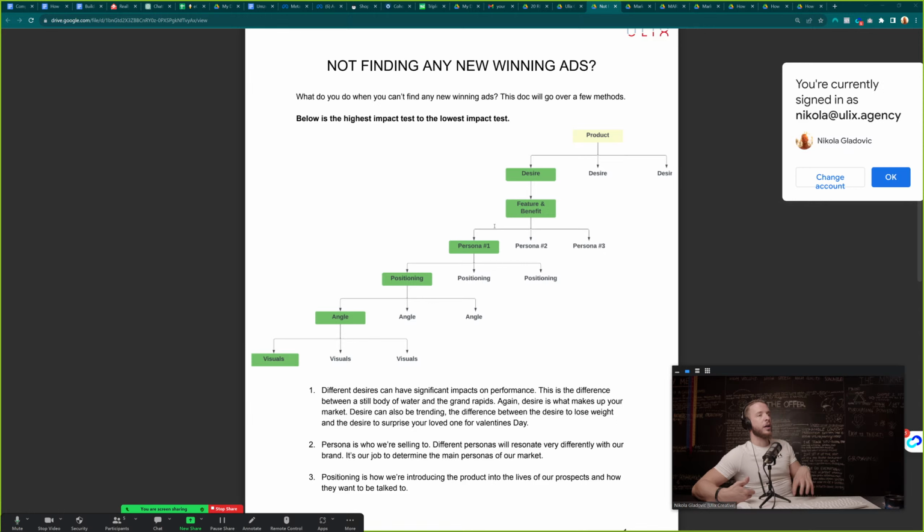For example, a mass desire is to lose fat. Persona is a 30-year-old Joe Rogan podcast listener. Positioning could be ketogenic diet, and angle could be improve your keto diet.